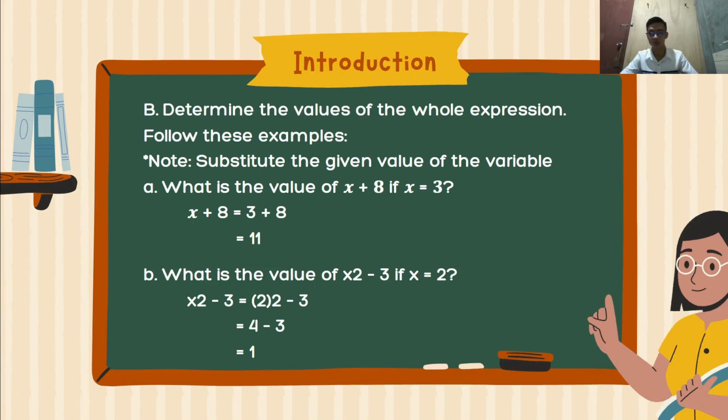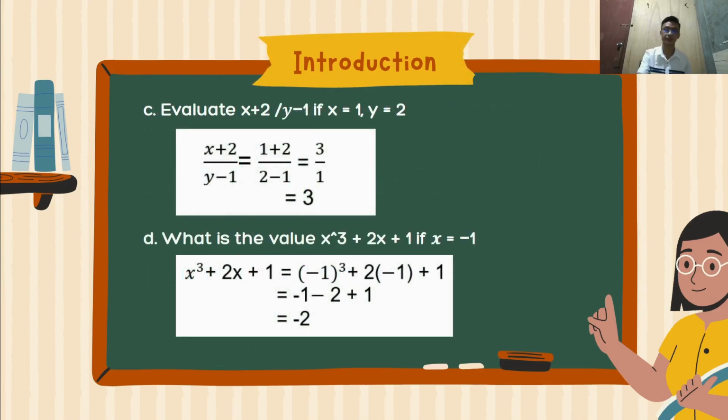Okay, correct me if I'm wrong. Now, if we substitute it, it will be 2 times 2 minus 3. So 2 times 2 is equal to 4, and minus 3, the answer is 1. Okay, I hope you do understand.